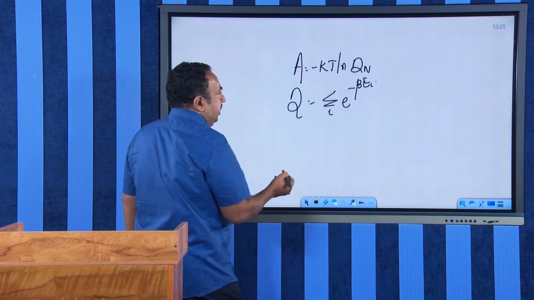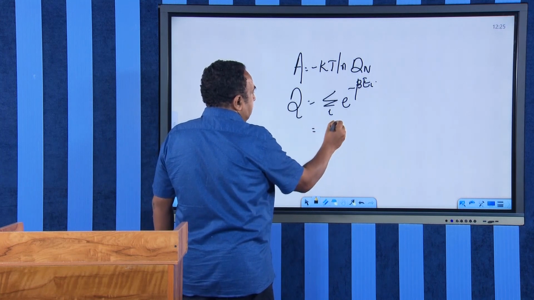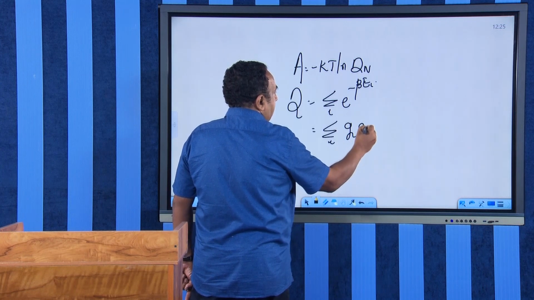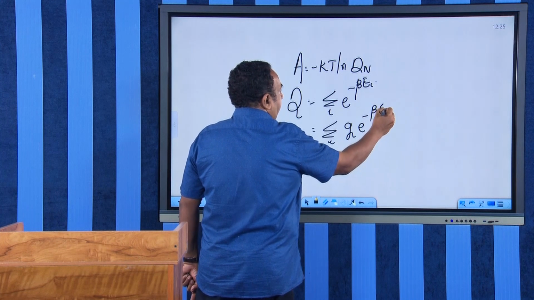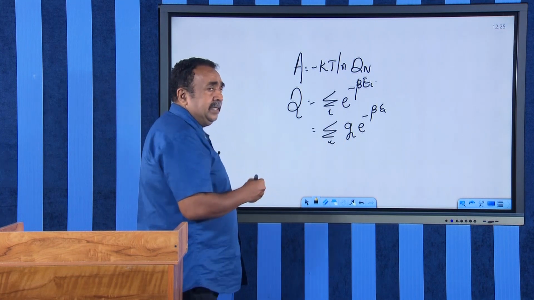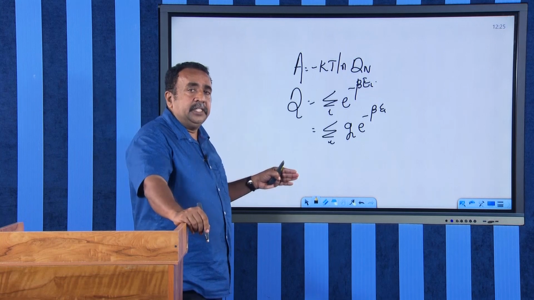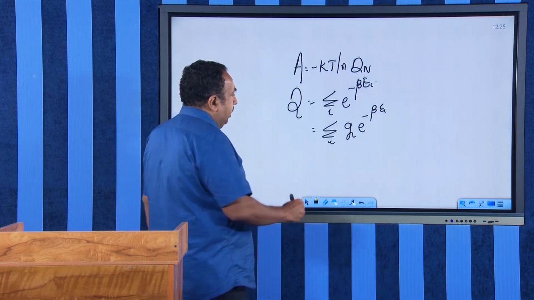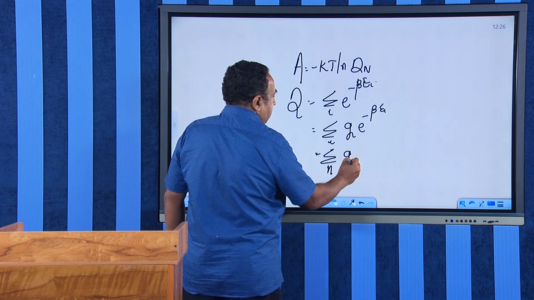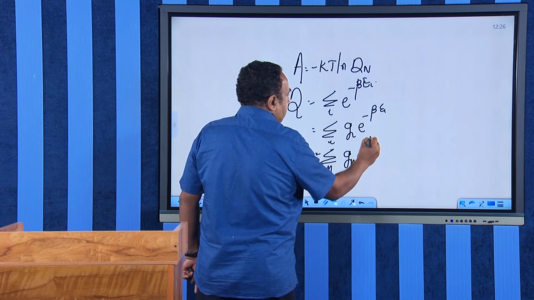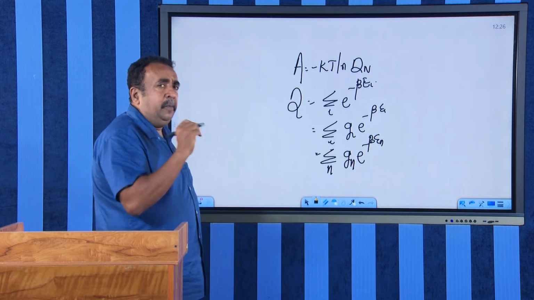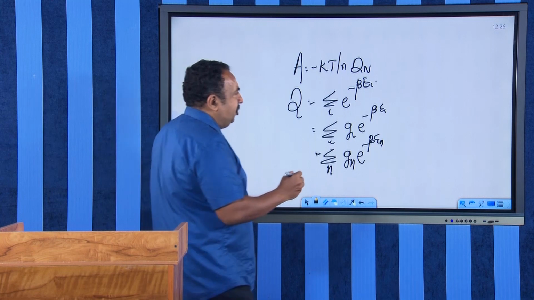If you have multiple energies with degeneracies, I can write this as Gi e raised to minus beta Ei, where Gi represents the multiplicity, if it is a classical system. If it is a quantum energy, this can be written as the sum over n of Gn e raised to minus beta En, where Gn has a particular equation.